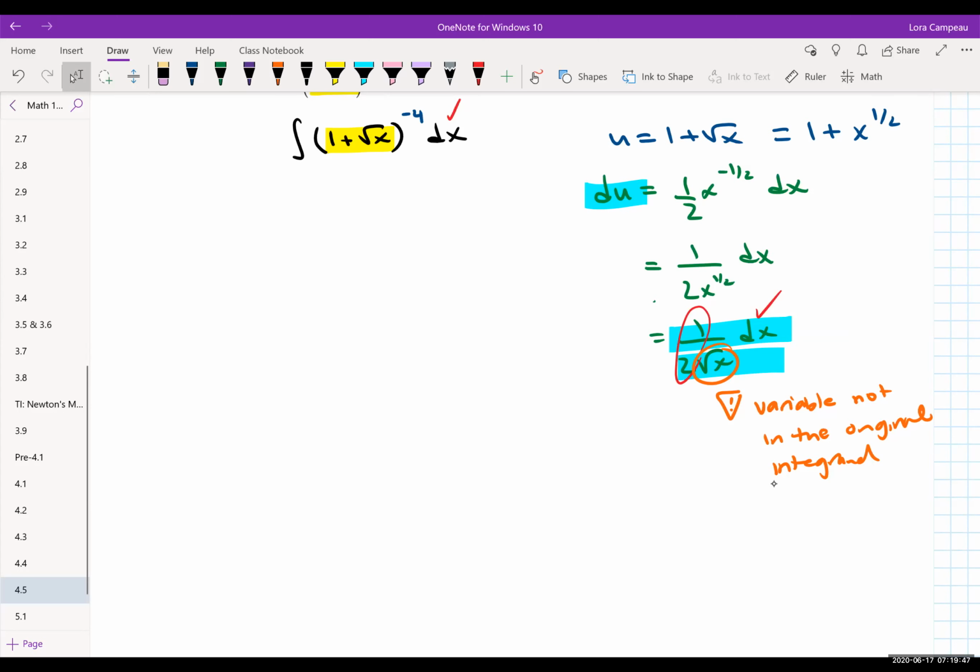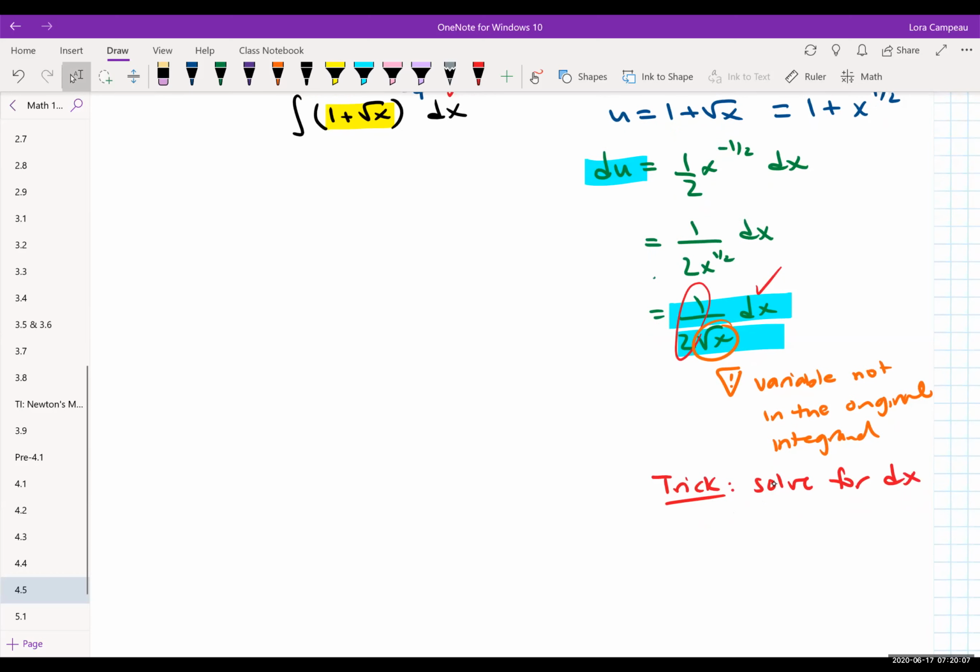This is why I had to show you both options. One of my tricks, which ends up getting us out of this mess, is we're going to solve for dx and see what we get. So let's write this out one more time, just so that we see this nicely.